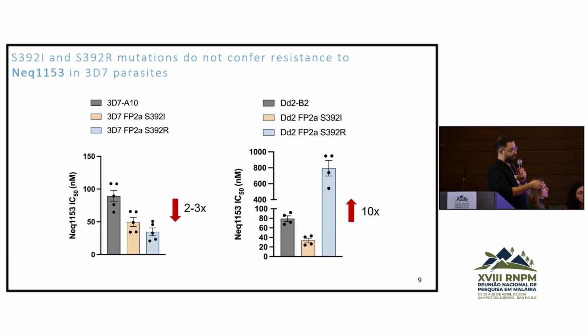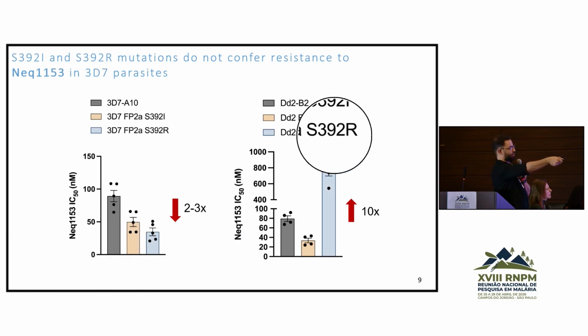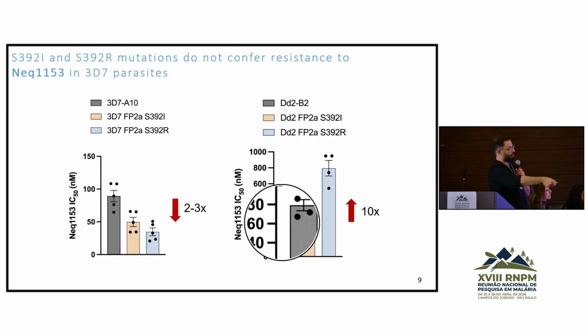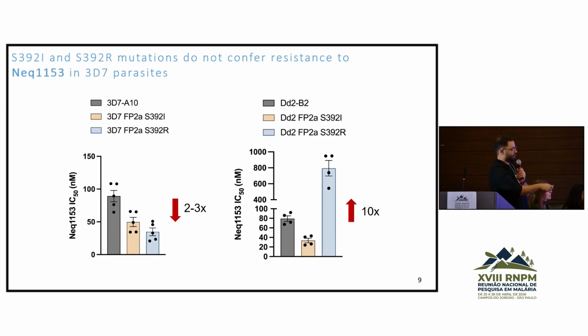And on the contrary, when we added, for example, the S392R mutation in the DD2 background, we saw a 10-fold increase in efficacy. This showed us that falciparum 2A is really mediating resistance to this compound, but also that the background interferes with the efficacy of this compound.